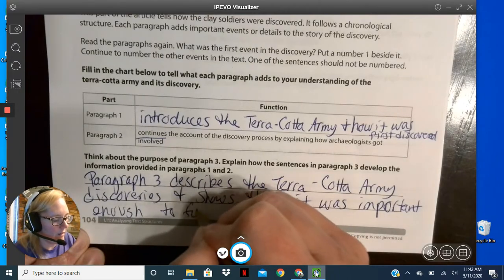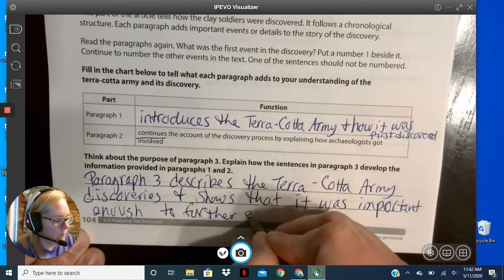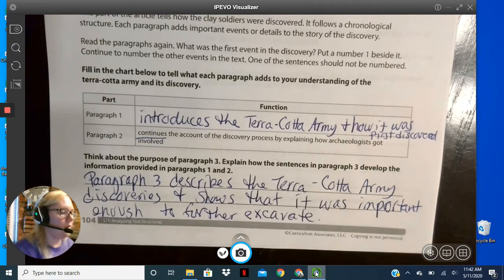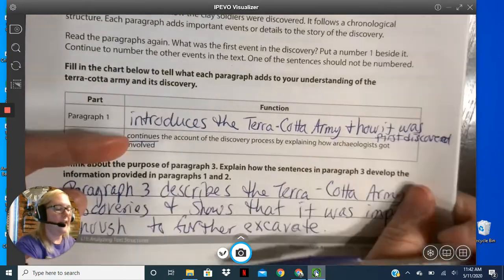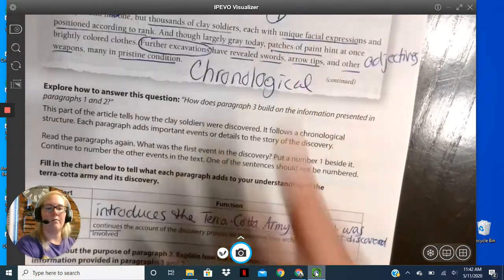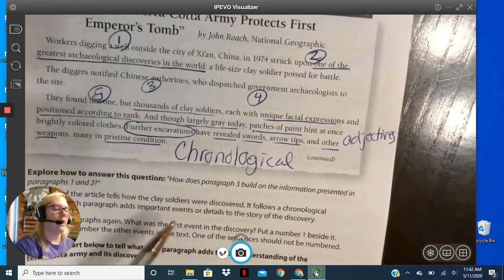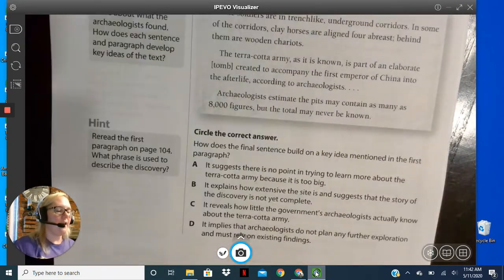I'll say to further excavate. Okay, so that's what paragraph 3 does there. And it also continues the chronological order, but it's a little bit different than paragraphs 1 and 2 because it has a lot of description in it. All right, let's continue to read this.